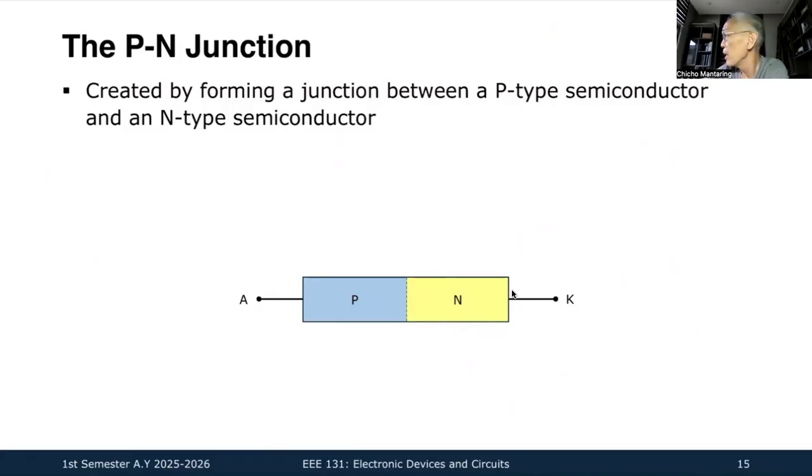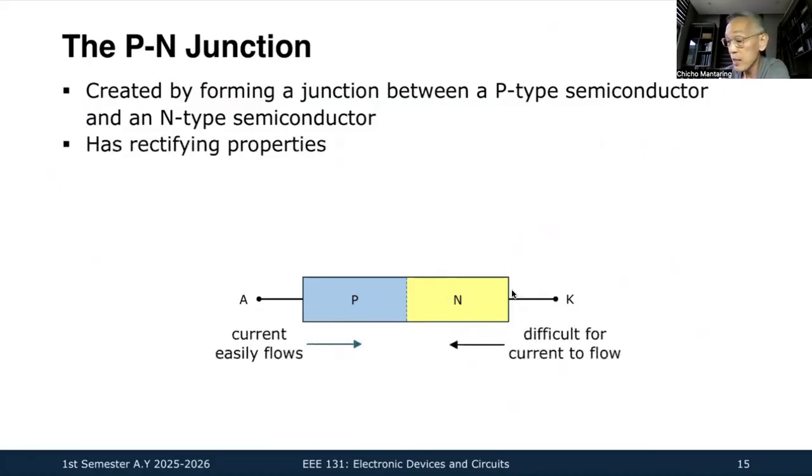Remember what we said? You have maybe one dopant for every 10 to the 5 or 10 to the 6 atoms. Okay, so you wouldn't know when you left the P and when you got into the N.